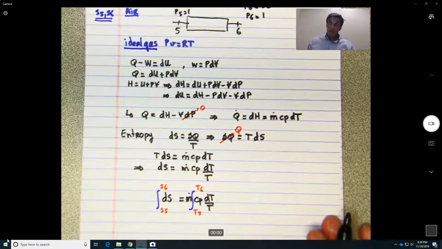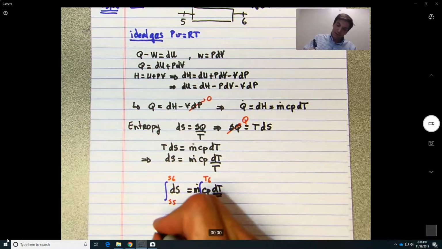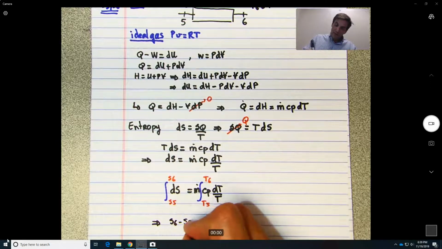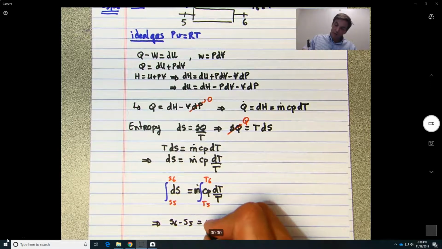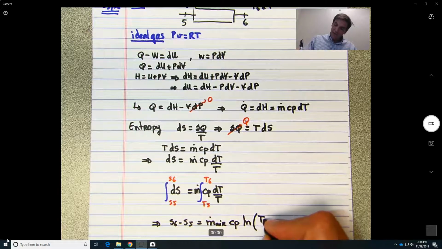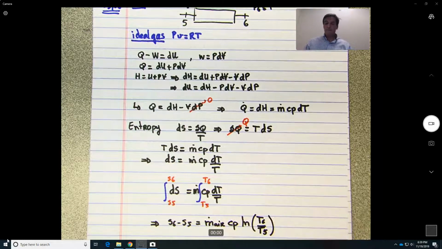So that will mean over here that the change in entropy, S6 minus S5, will be equal to what? Mass flow of air times Cp log T6 over T5.